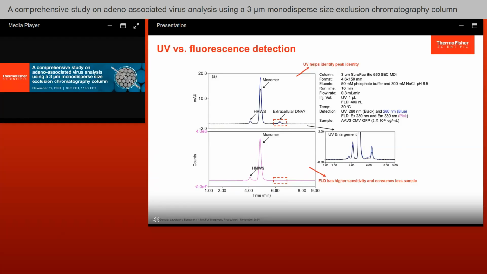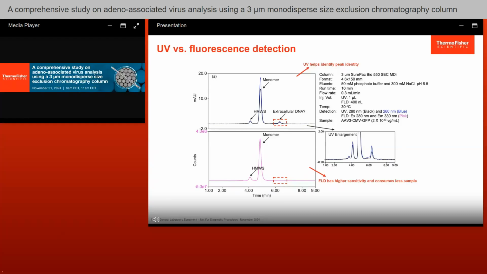Look at the zoom-in here. The aggregate peak has stronger 260 absorbance, and the monomer peak also has stronger 260 absorbance. The larger species elute first, so this one is the aggregates and this one is the monomer. We also have a third impurity peak, which elutes after the monomer peak.